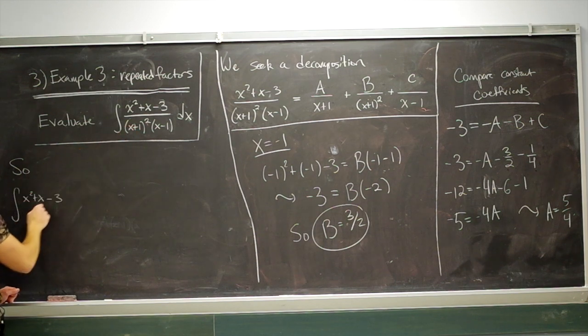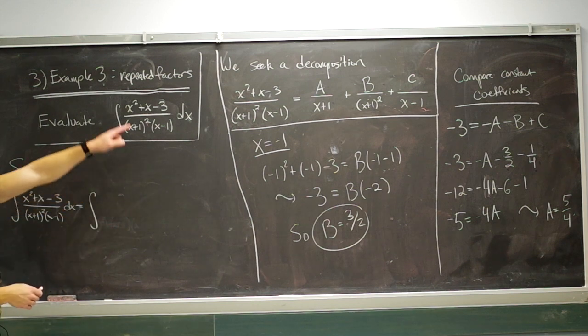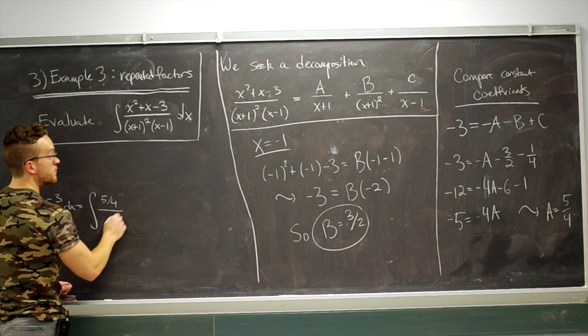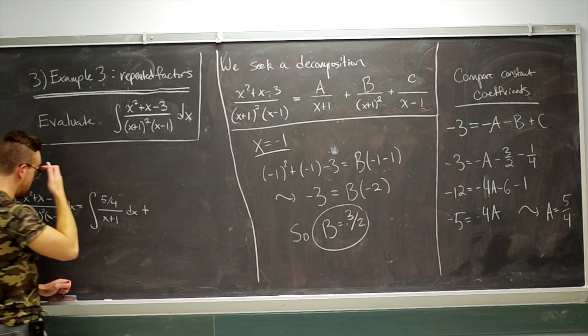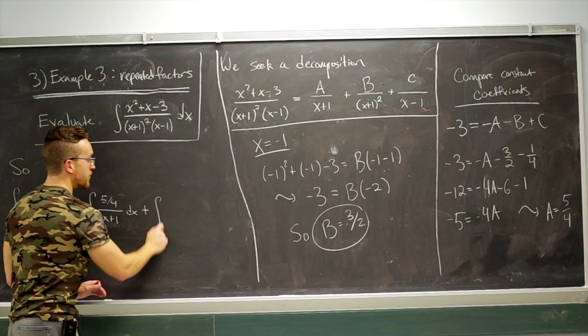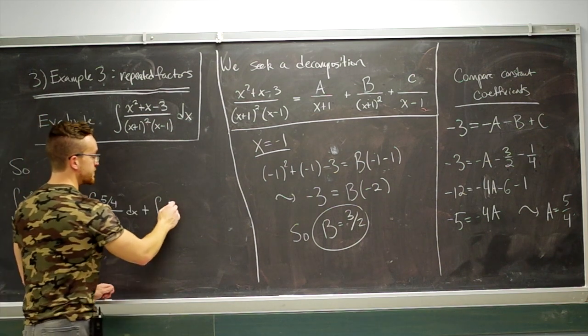So using this decomposition, we know that the integral of the function that we began with is going to be the sum of the integrals of A over x plus 1. A was 5/4. Plus the integral of B over (x plus 1) squared. B was 3/2.